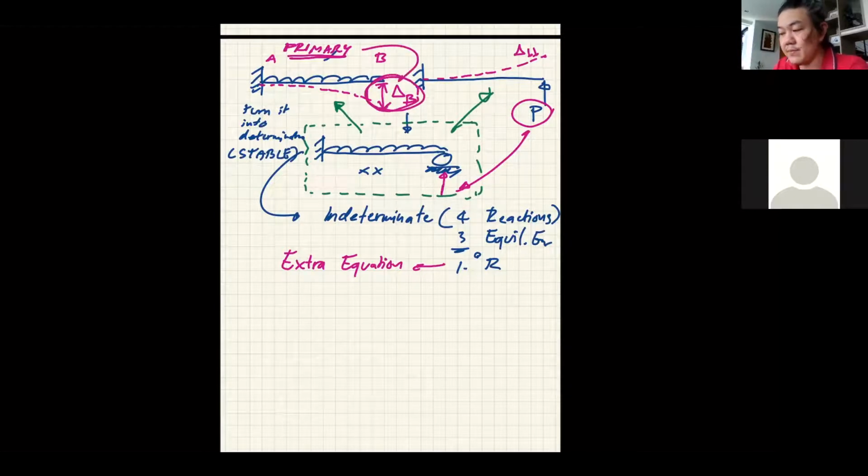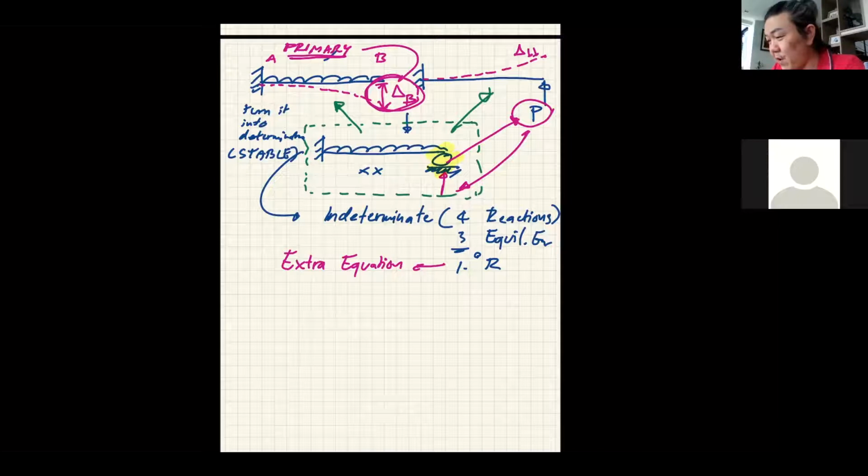But knowing this delta B is in fact 0 because you actually have the support here, the real structure has 0 delta B. So in turn, you know that whatever your reaction P is, it must be capable of producing the same amount of displacement, but in the opposite direction.